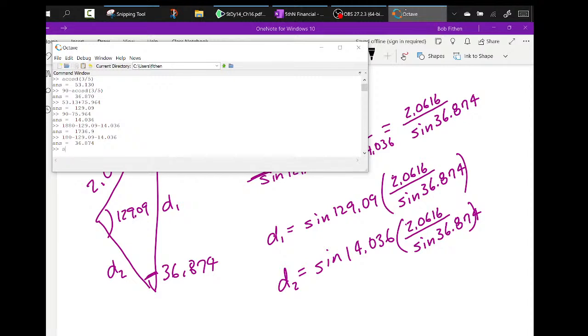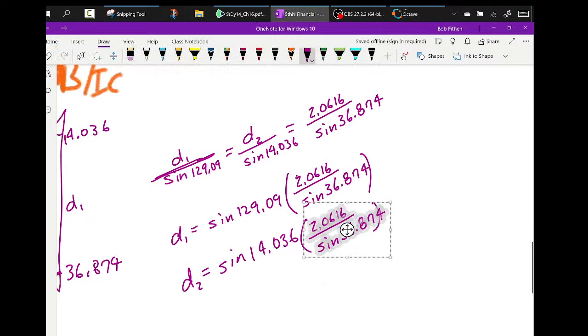So sine in degrees of 129.09 times 2.0616 divided by sine in degrees of 36.874 gives me the distance here, 2.66. So this will be 2.66.